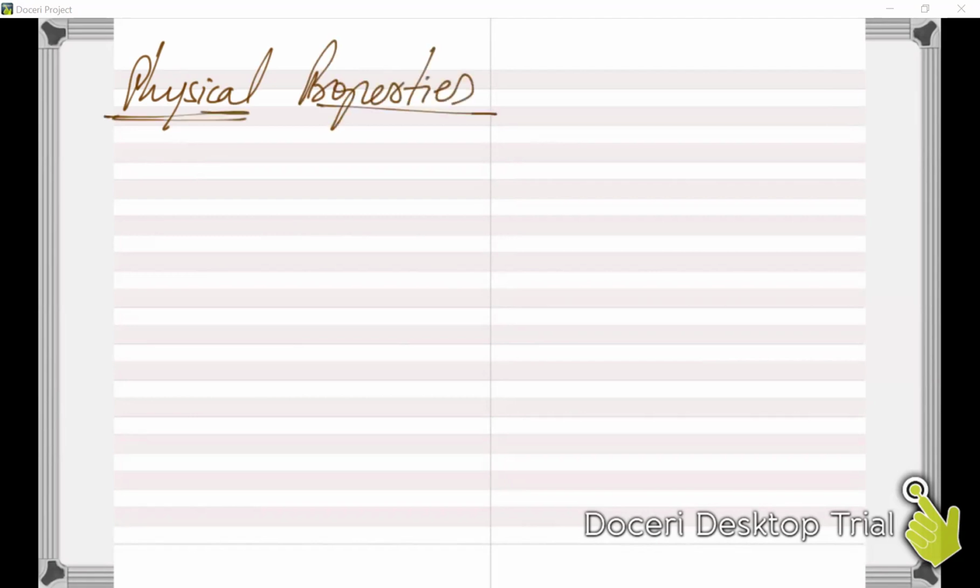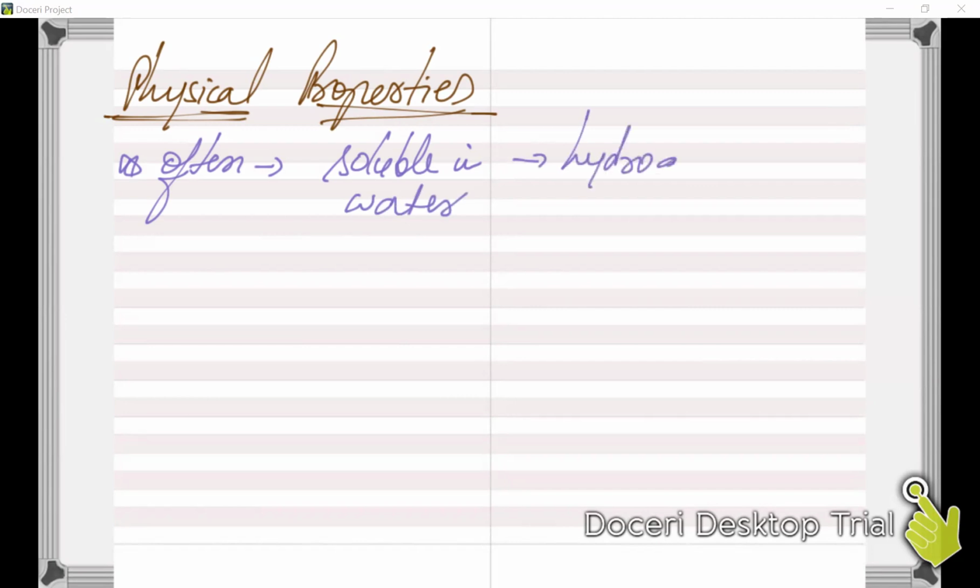As far as their physical properties are concerned, they are often soluble in water, as we discussed about amides before. Their solubility is of course because of the hydrogen bonds that could be developed between the hydrogen present in amides and water molecules.